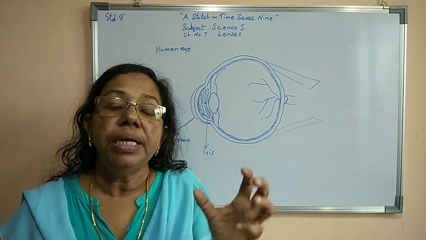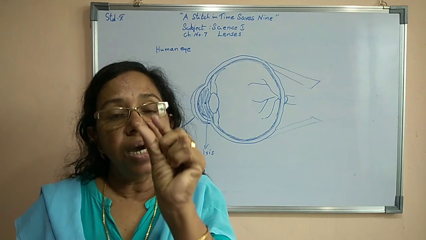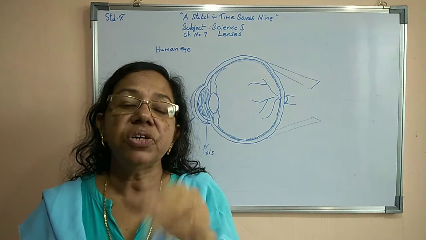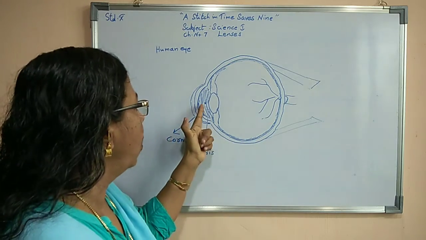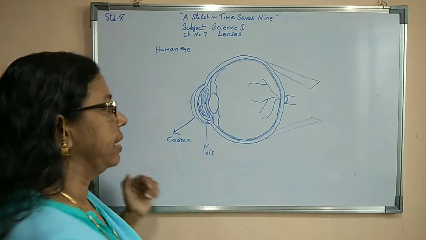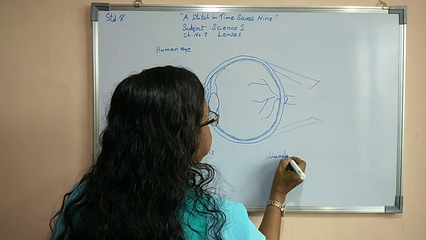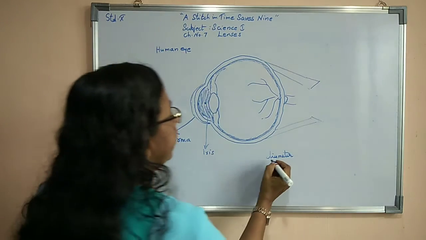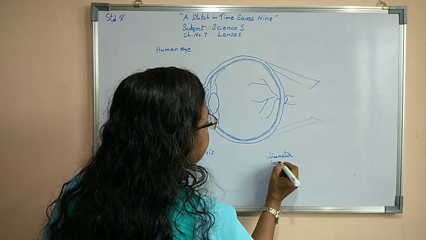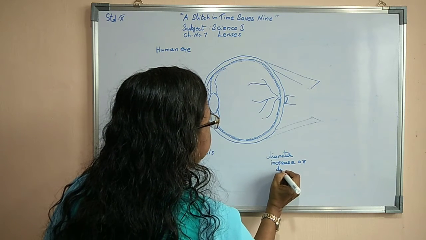At the same time, if dim light is falling on the eye, immediately the hole's size will increase. So this hole has the capacity to change its diameter, either increase or decrease.